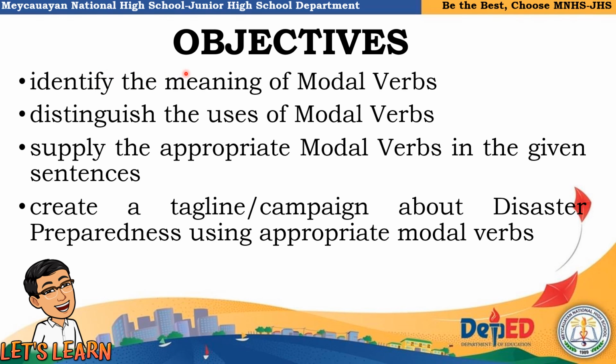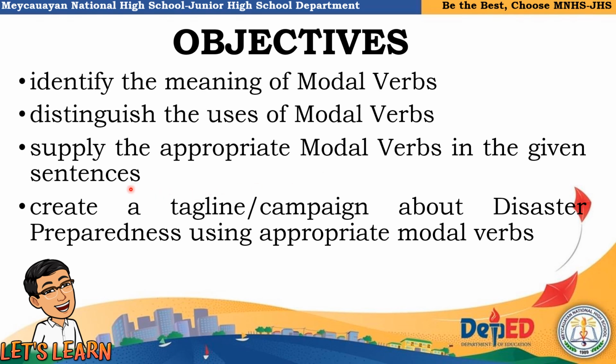To achieve the competency, let's have learning objectives. Number one, to identify the meaning of modal verbs. It is very important to know first the meaning of each modal verb and then distinguish the uses of modal verbs. After knowing the meaning and identifying the uses, let's supply appropriate modal verbs in given sentences.